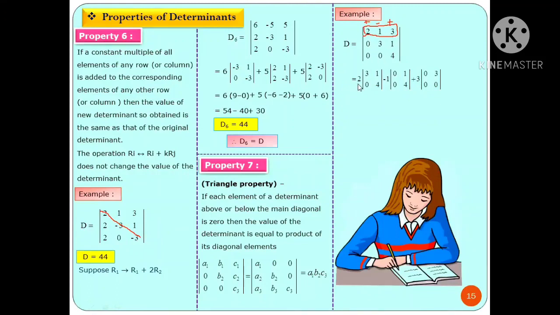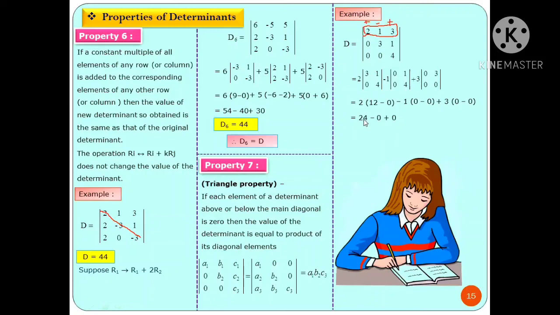Calculation values: first determinant 3 into 4 is 12, 12 minus 0. Next 0 minus 0. Last again 0 minus 0. So 2 multiplied by 12 minus 0, minus 1 times 0, plus 3 into 0 minus 0. 12 into 2 product is 24 and the remaining two are 0.